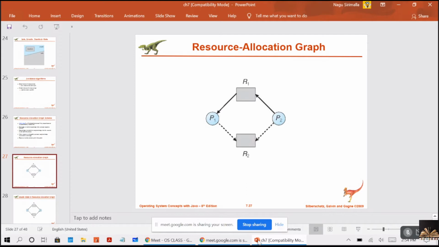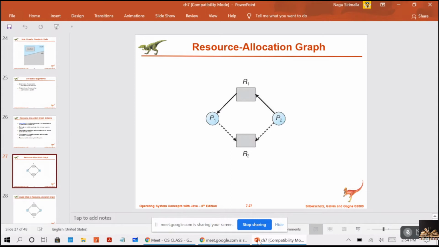ఇక్కడ మీకు డాటెడ్ లైన్స్ ఉన్నాయి, రైట్? సో when you are converting the dotted line into the straight line, we will make sure that it is not making the loop. ఇక్కడ చూడండి, if you see this diagram, right, P1 is claiming that it requires R2 sometime, right?